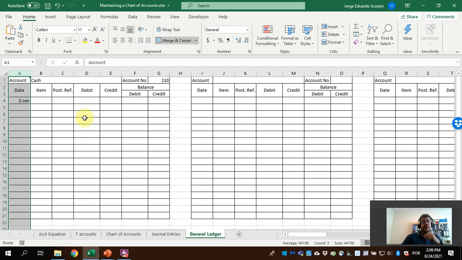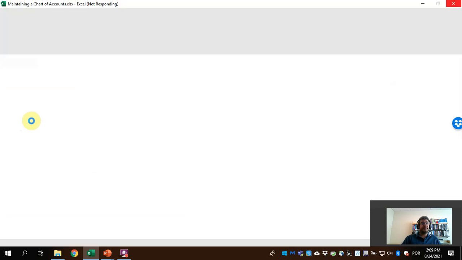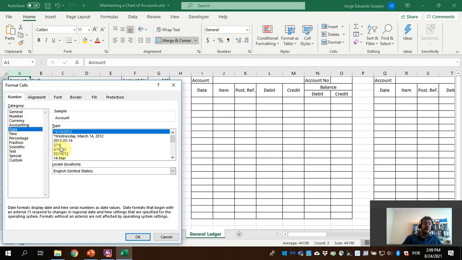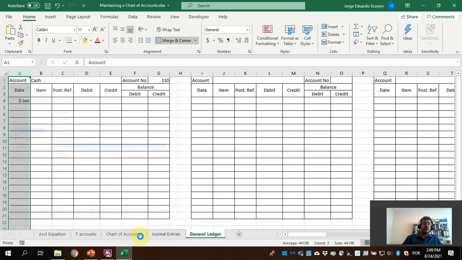So let's format. So right click, format. My Excel is a little bit lazy today. Don't be lazy, Excel. Please. And here number, date. And this is the form that we want.